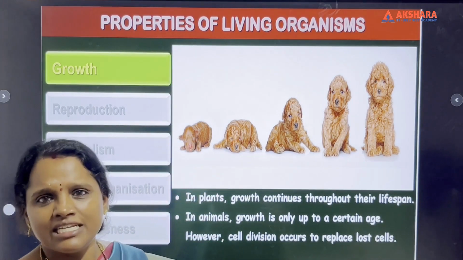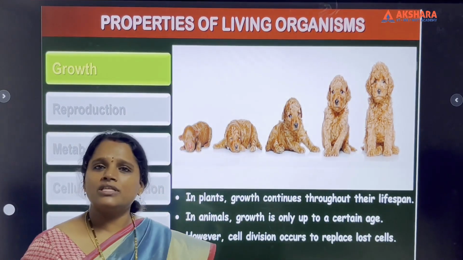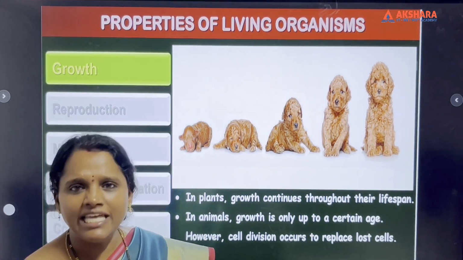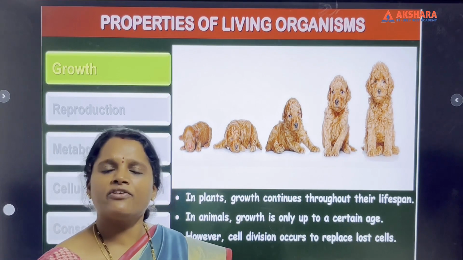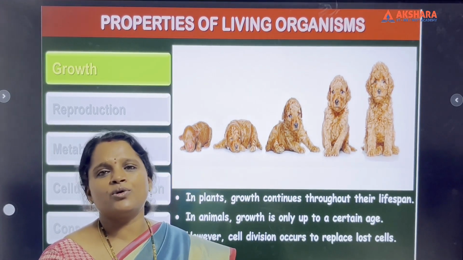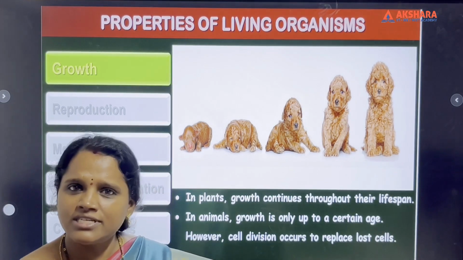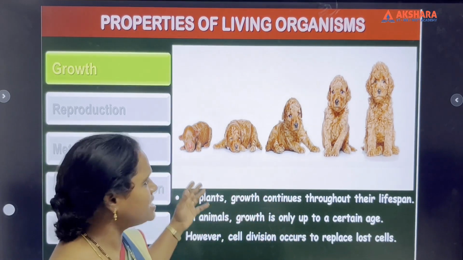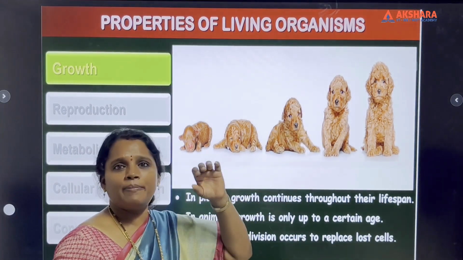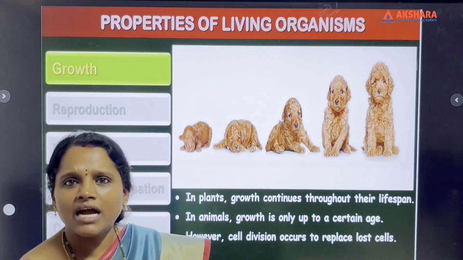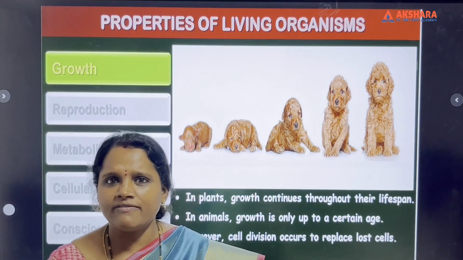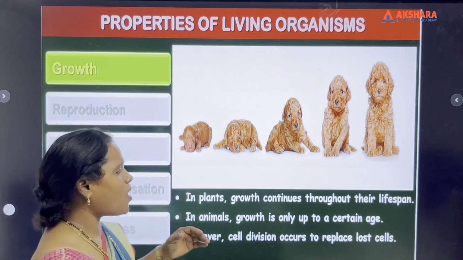Growth is eternal in plants. In plants, the growth is continuously present. If you break a branch, break a leaf, or cut any part of a plant body, it will grow again. It means that growth is eternal in plants. It's not the same in animals. In animals, the growth is confined to a particular period. After becoming adult, only the mitotic cells, the somatic cells in our body, will show growth, but not all the cells.